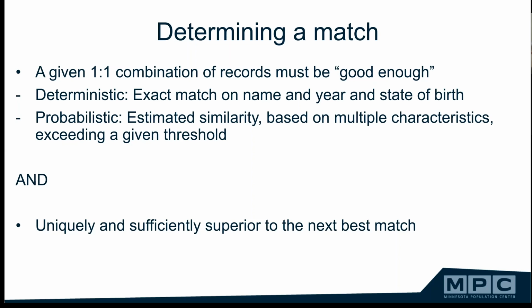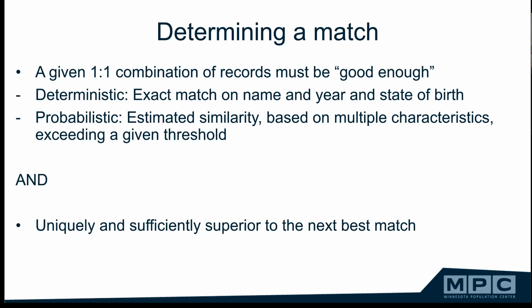So it's above the threshold for what is required. The probabilistic approach instead uses an estimated similarity based on frequently multiple characteristics. But the logic is the same: the similarity score needs to exceed a given threshold in order to be considered a match.